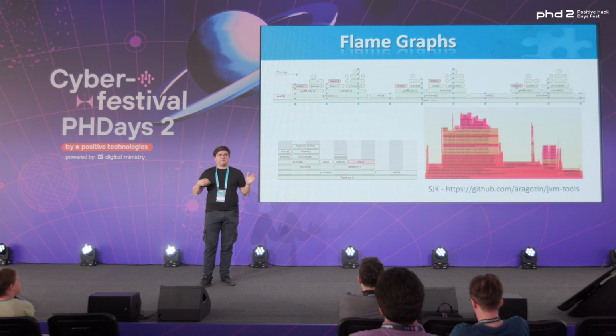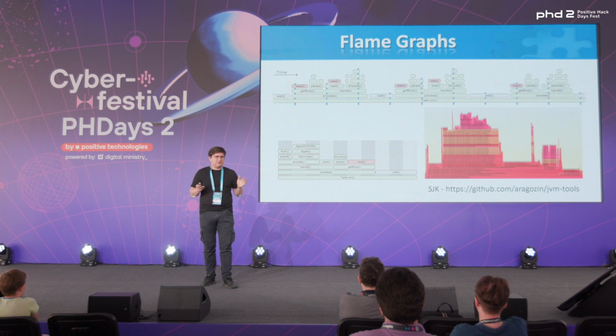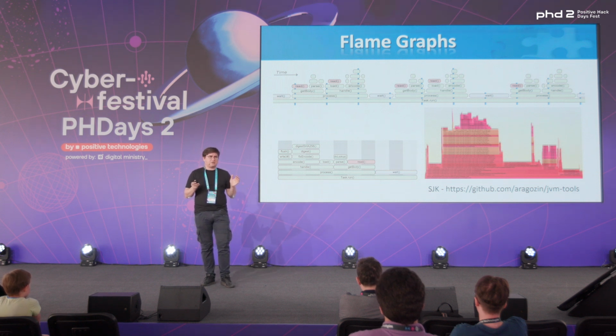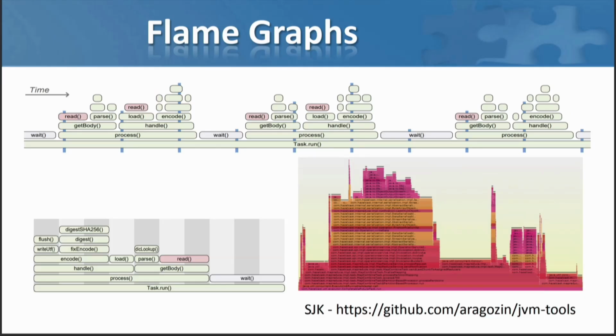Next. Like I said, the two main views of data from sampling are a call tree or a histogram of hot calls with self-time and total time separated. We are in 2024. In this year, everyone who is anyone in performance is using flame graphs.